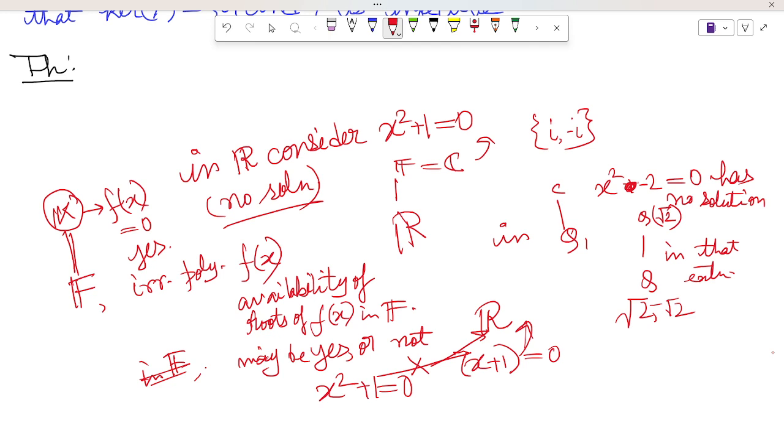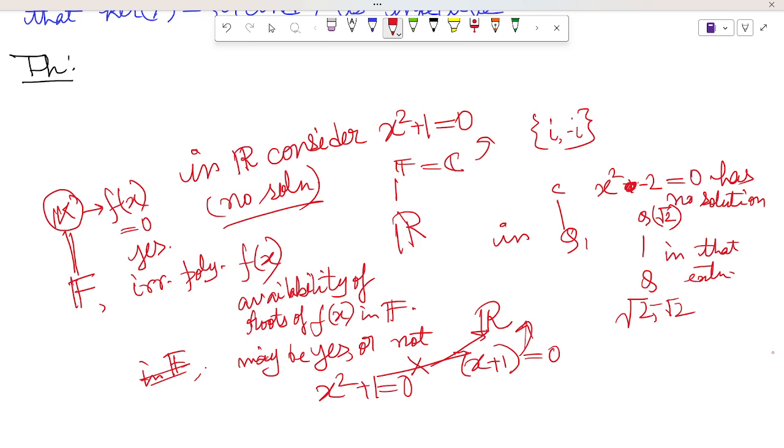So what is our target? Suppose we are given a field and an irreducible polynomial with coefficients from the field. Our target is to find the roots in some field. If the roots are already in the field, then we don't need to go anywhere.